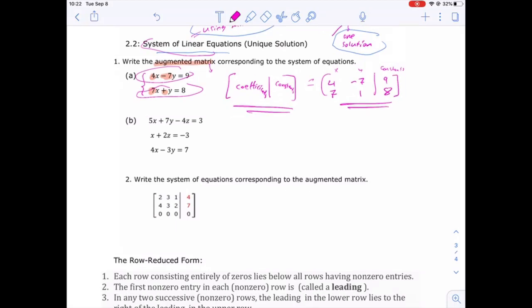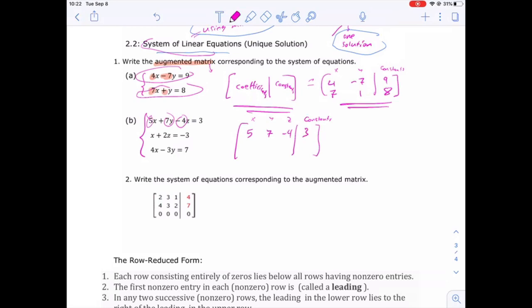Now what about part B, the system in B? Same thing here. We put the coefficients here and the constant here. The coefficients of x, y, z, and the constant here. So we have 5 for x, 7 as the coefficient of y, and -4 as the coefficient of z. This is equal to 3.